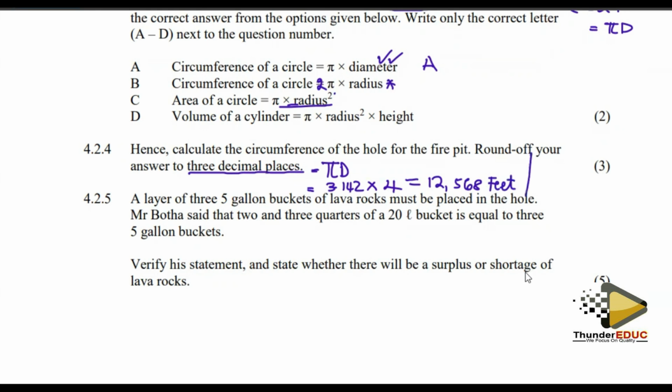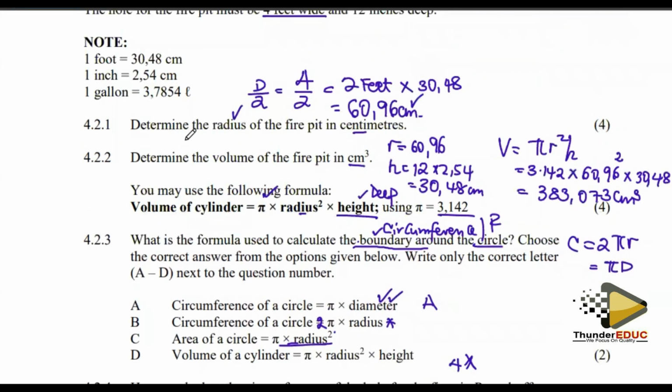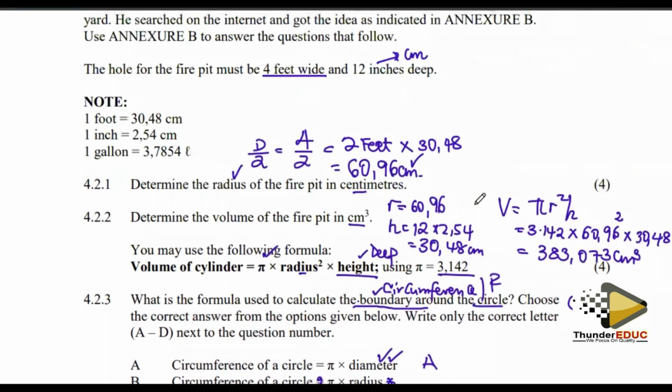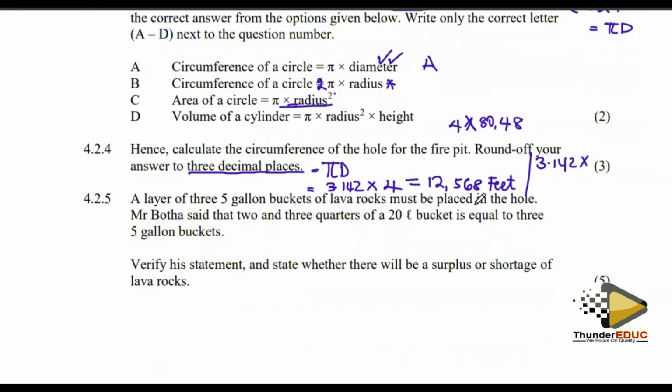If you didn't want it in feet, you would say 3,142 times. Now, the 4 feet has to change to centimeters. Because for those ones who don't want, you see, 1 foot equals to this much. So what about if they are 4? We shall multiply it by 4 times 30,48.